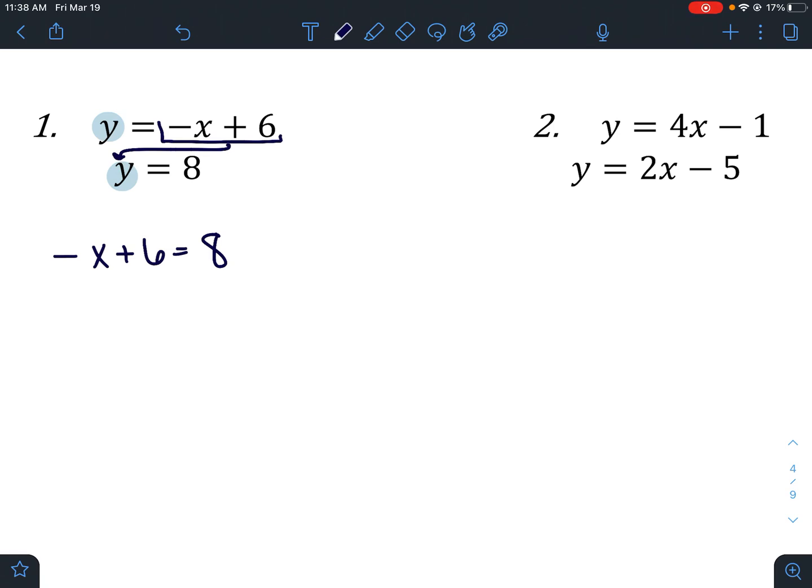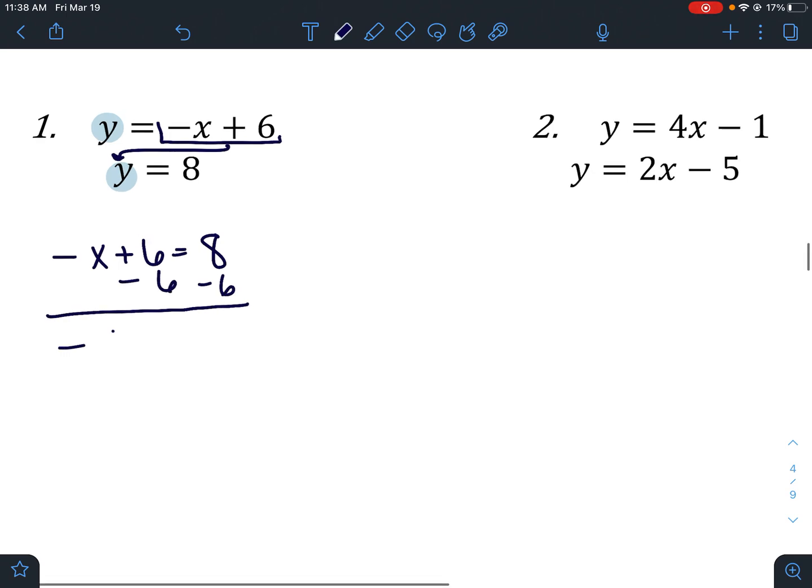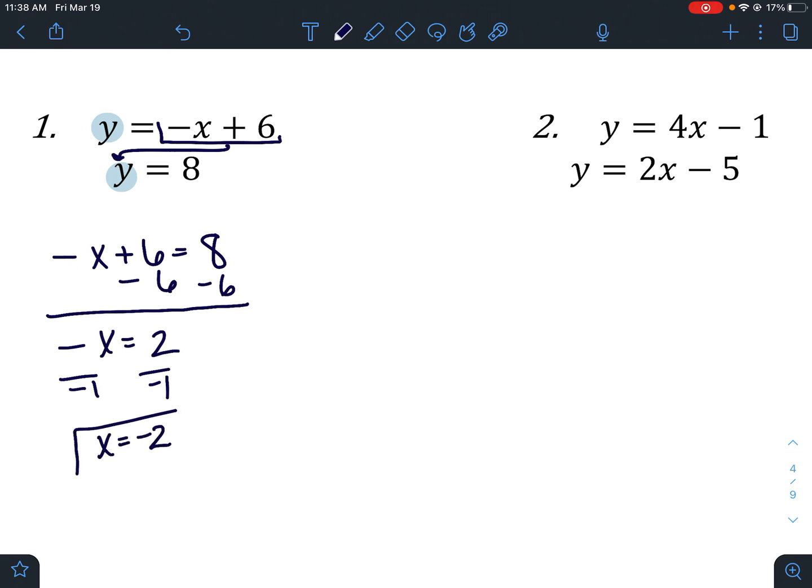Now here I am, and I'm going to solve for that remaining variable. So I'm going to minus 6 from both sides. So that'll get me negative x equals 2. I'm going to divide both sides by negative 1. So I get x equals negative 2.